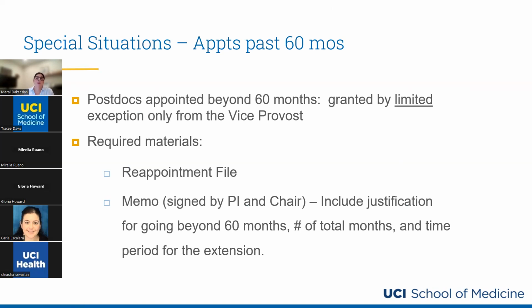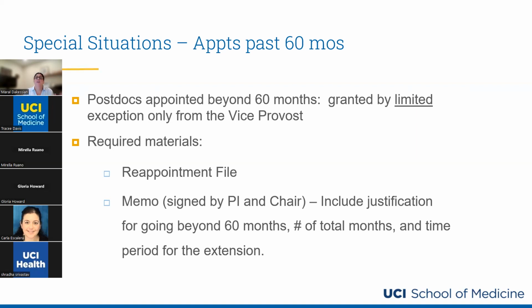First one is if you have a postdoc that might be appointed past 60 months. I don't know if I mentioned this explicitly, but postdocs are limited to a 60-month appointment, which means that they cannot be appointed for more than 5 years. And this is across all appointments, not just at UCI, and not just at UCs.